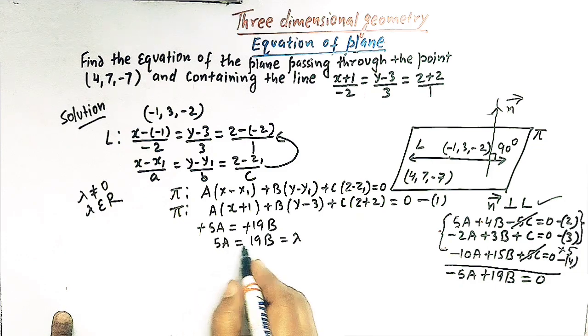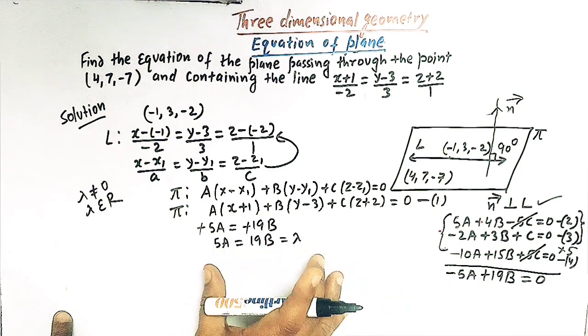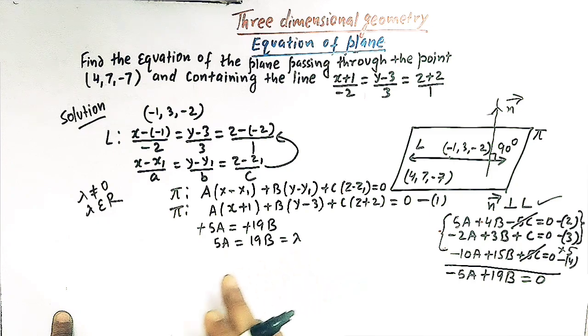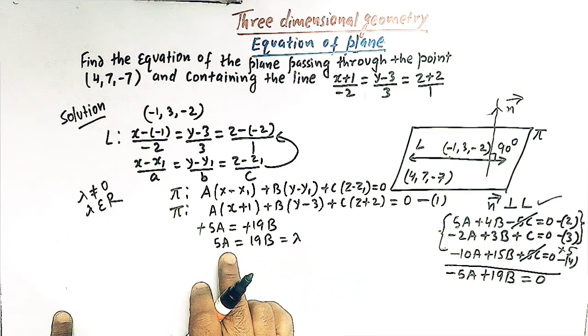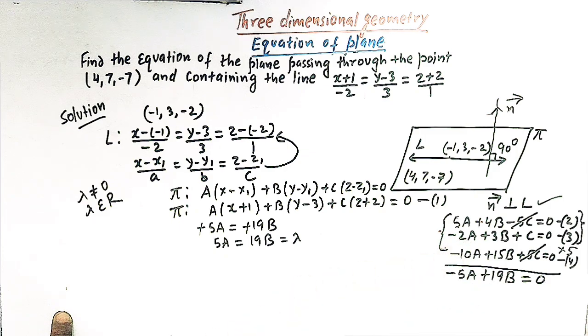We take 5a = 19b = lambda, and the purpose of introducing this scalar lambda is to express the values of a, b, and c in terms of lambda.